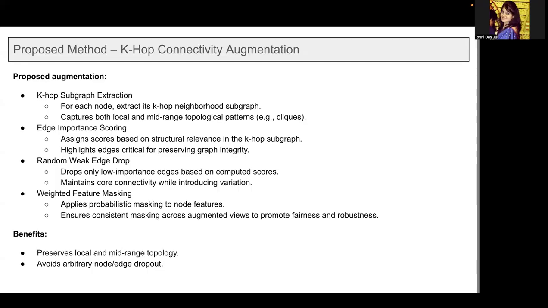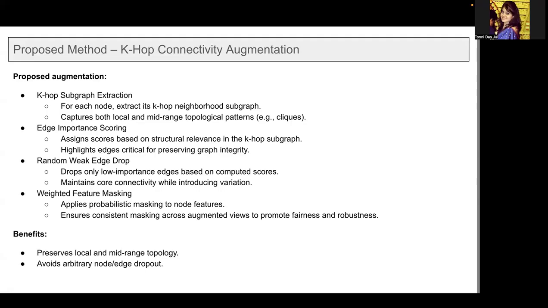So the edges that are more central to maintaining structural integrity, such as those forming cliques or connecting important sub-regions, receive higher scores. These high-importance edges are kept during the augmentation. Instead of dropping edges randomly, we selectively remove the edges with lower importance scores. This controlled dropping reduces disruption to the graph structure, retaining the most critical connections while still introducing variation for robust training.